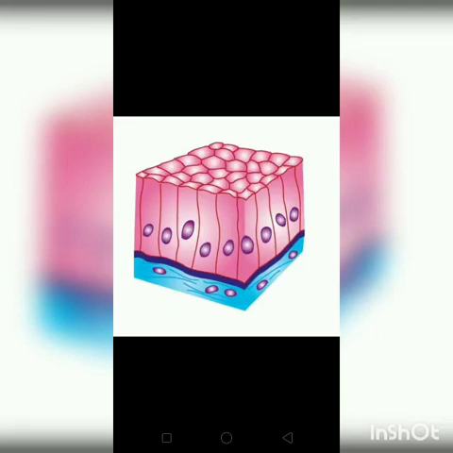Now this is an epithelial tissue. What is epithelial tissue? A thin tissue that covers all the exposed surfaces of the body is an epithelial tissue. Epithelial tissues are avascular, means they are free from blood vessels, and they are free from nerves, means they have no blood vessels and nerves. They are supported by the basement membrane.